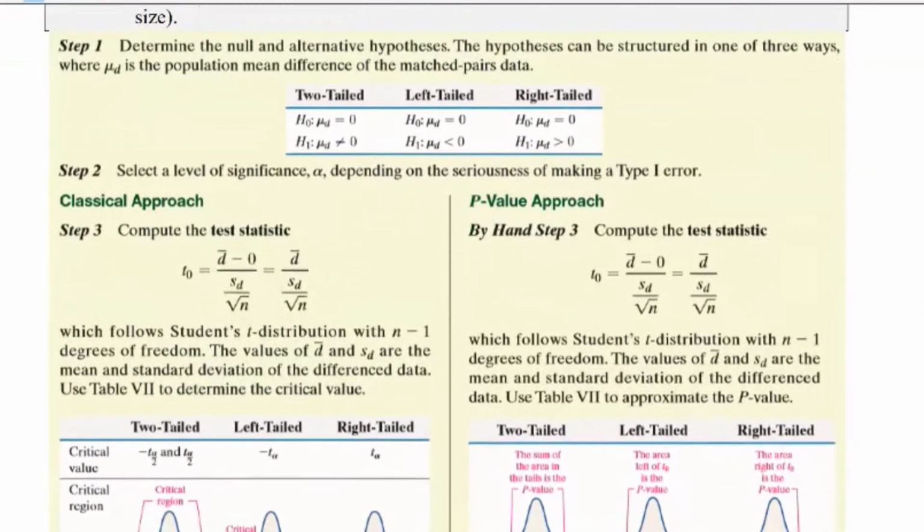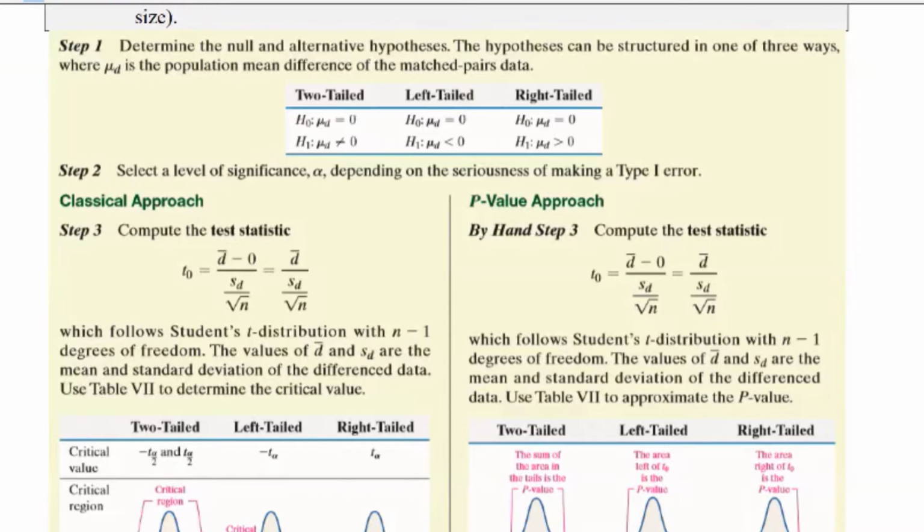Step 1, determine the null and alternative hypotheses. As always, these hypotheses can be structured in one of three ways, where mu sub d is the population mean difference of the matched pairs. Typically, we're looking to determine whether there's some sort of a difference between the two matched pairs.